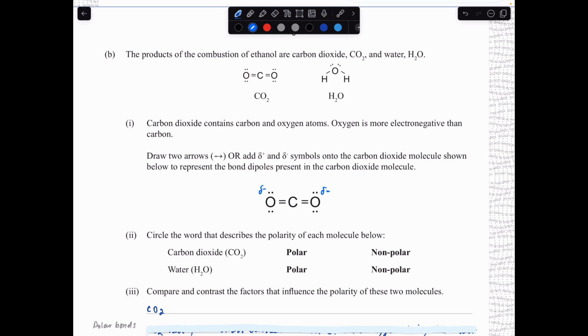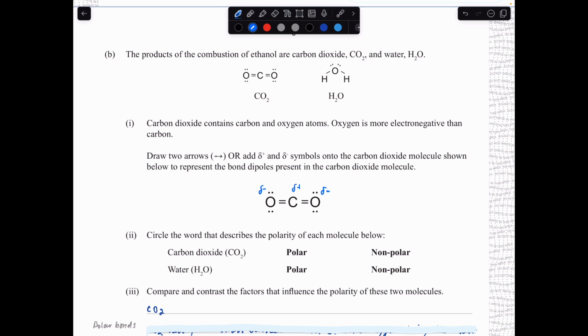The reason why it's a negative dipole is because electronegativity is all about an atom's tendency to pull electrons to itself, attract electrons to itself. Because oxygen is more electronegative, it has a stronger pull on electrons. Electrons are negatively charged, so that's what makes oxygen slightly more negative and carbon slightly more positive.